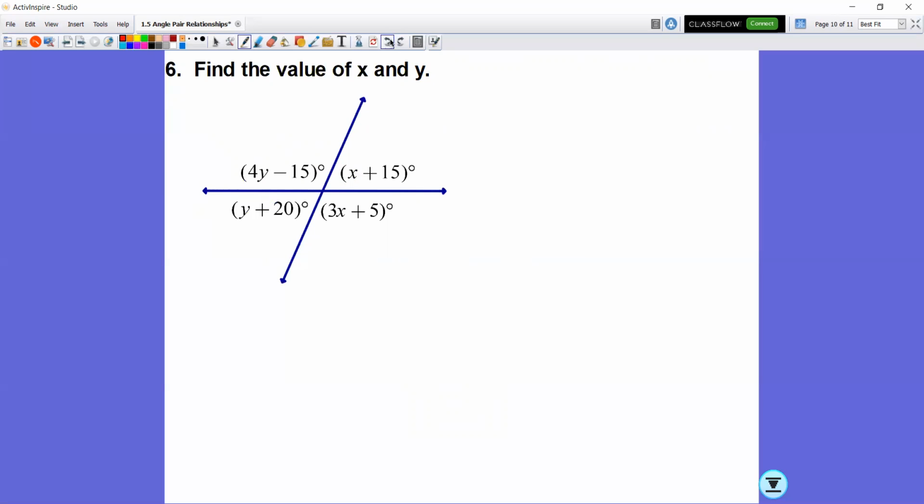But I can see here that y plus 20 and 4y minus 15 make a linear pair, which makes them supplementary. So I can set up an equation with that, 4y minus 15. Not that you couldn't have done systems with this, by the way. So 4y minus 15 plus y plus 20, all of that is equal to 180 degrees. And we use our mathematics.